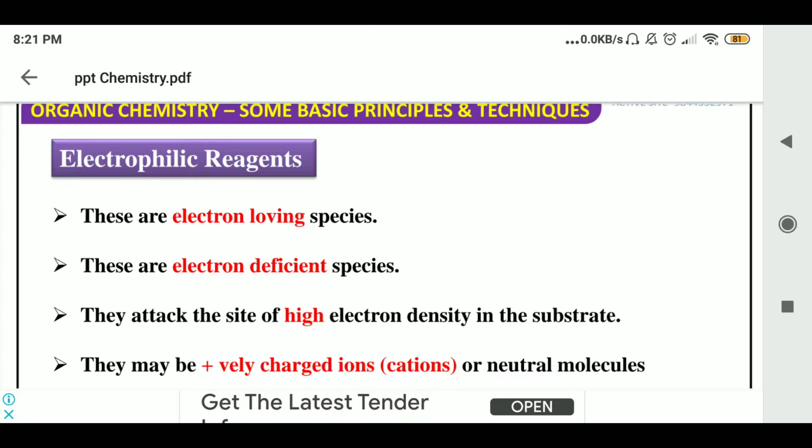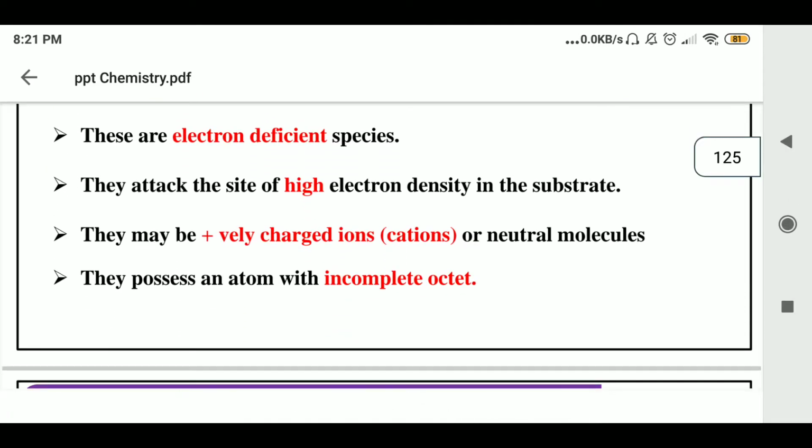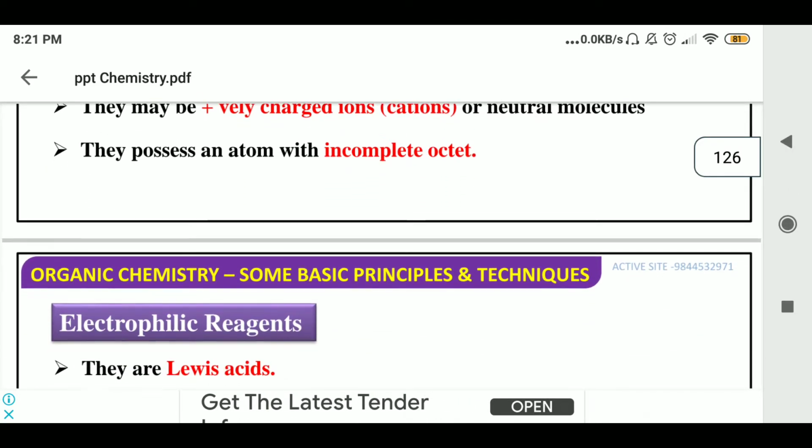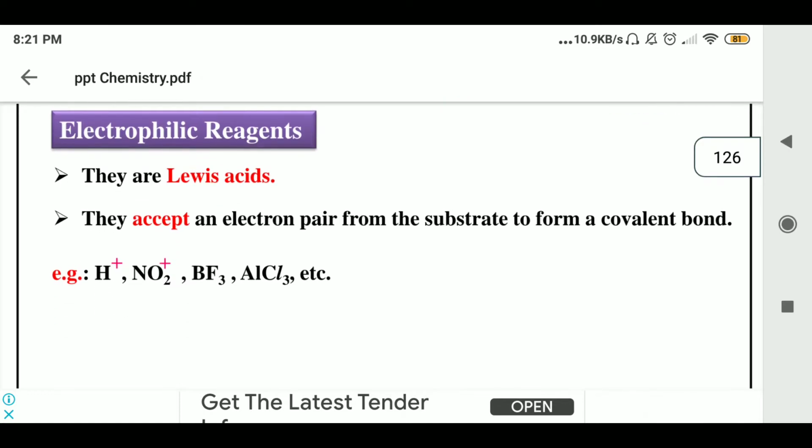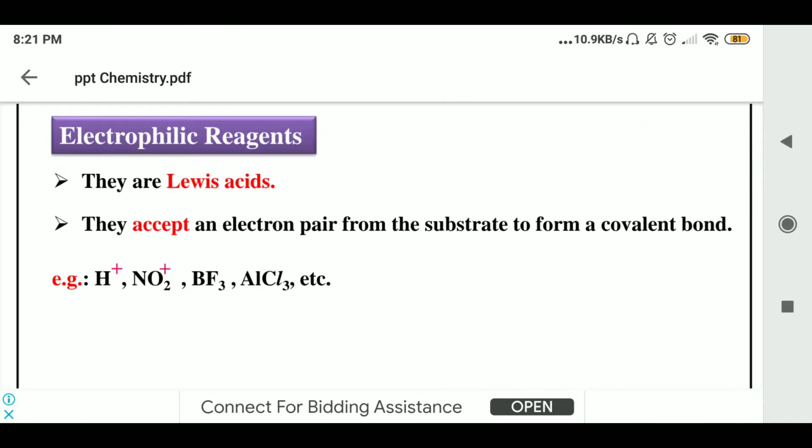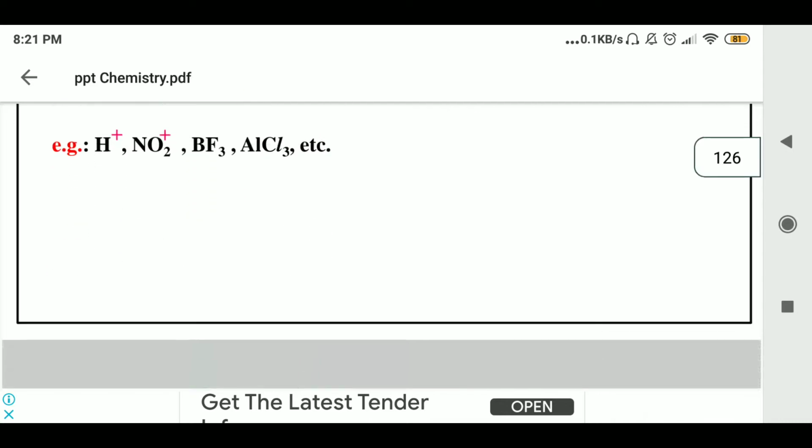Because they are electron loving, they are positively charged, so they are known as cations, carbocations, and they possess an atom with an incomplete octet. Now talking about electrophilic reagents, they are Lewis acids. They can accept an electron pair from the substrate to form a covalent bond. Here I have given a few examples of electrophilic reagents like proton ions, nitronium ion, boron trifluoride, aluminum chloride.